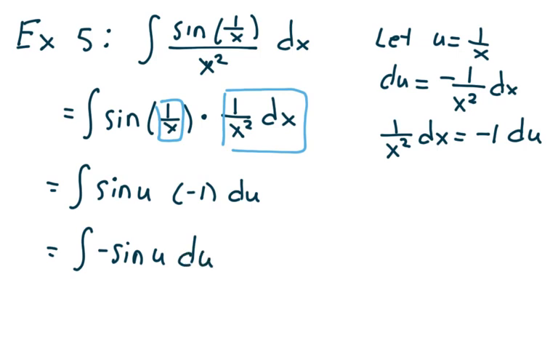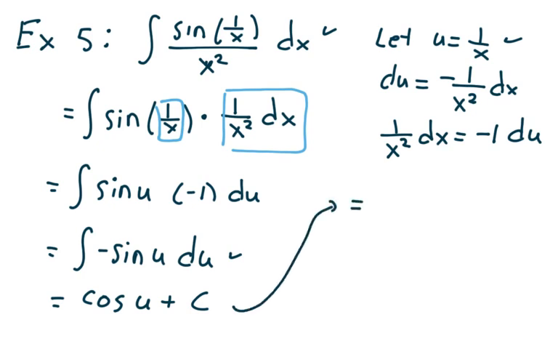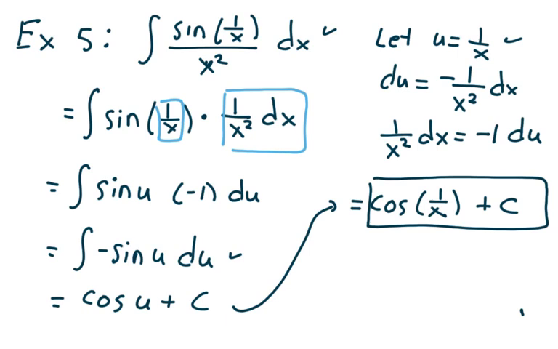So that's more manageable than the original function. I'm going to be a broken record on that. And so here you get cosine of u plus c, but u is 1 over x. So you have to write this as cosine of 1 over x plus c. That's example 5.